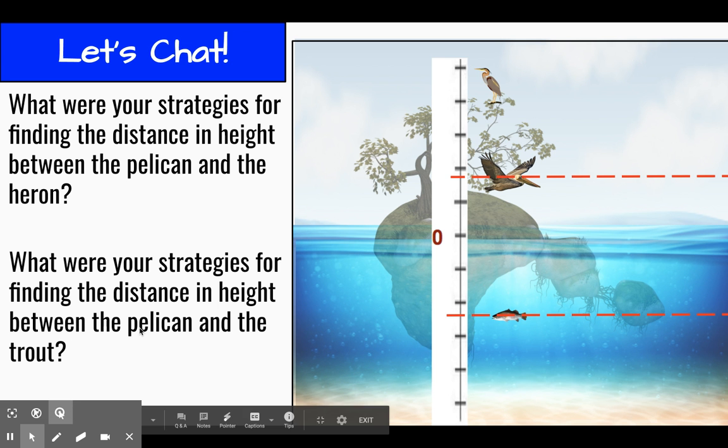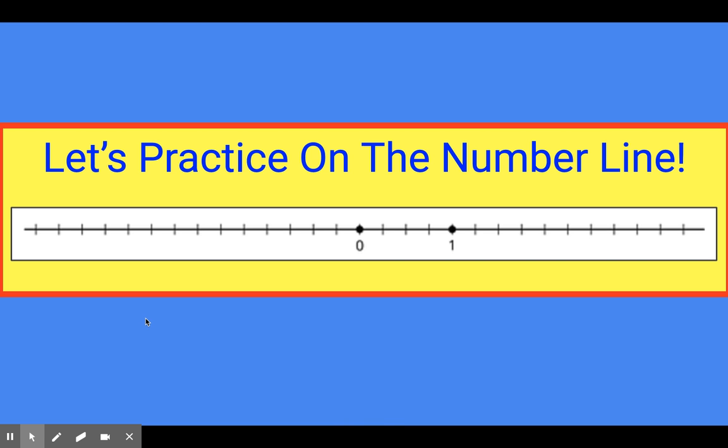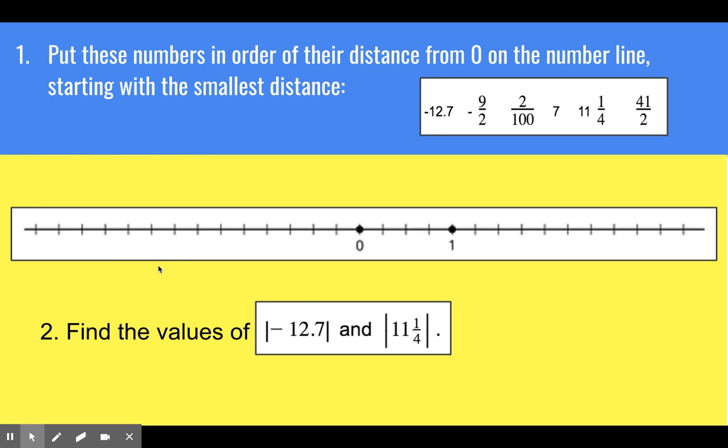All right. So now we're going to practice on a number line. And if you look at number 5 in your student companion, you'll see that it says click on the number line and click edit. And we're going to put the numbers in order of their distance from 0 on the number line. So once again, number 1 says put these numbers in order of their distance on the number line, starting with the smallest distance.